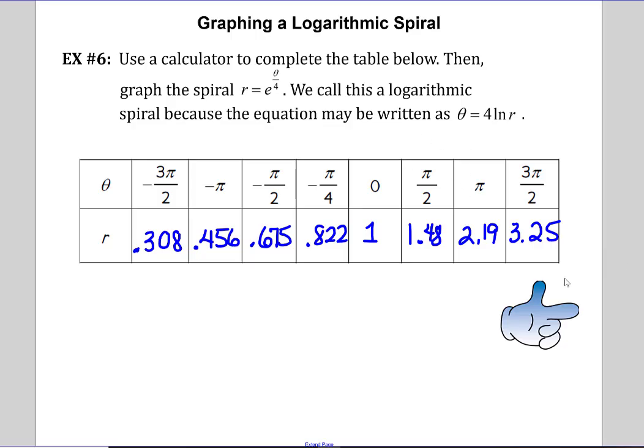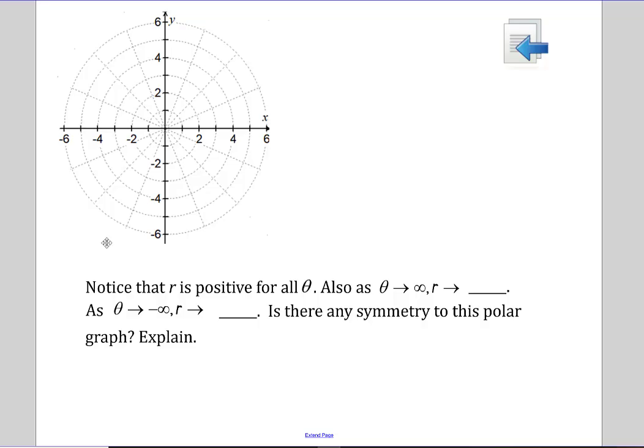This is going to create a logarithmic spiral. And at 3 pi over 2, we're at 3.308. At 0, we got 1. And this is 1 point.